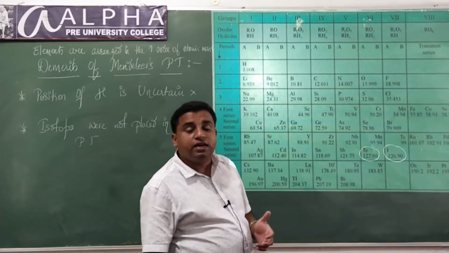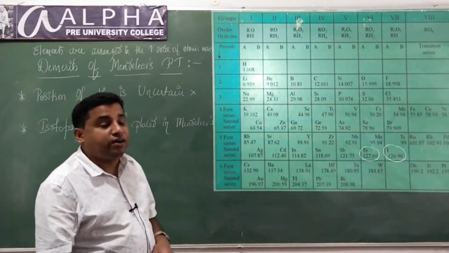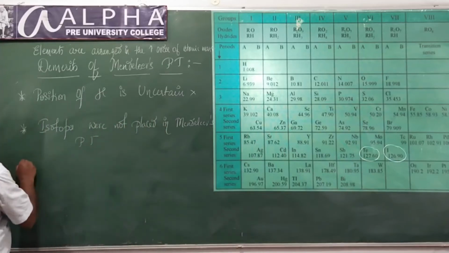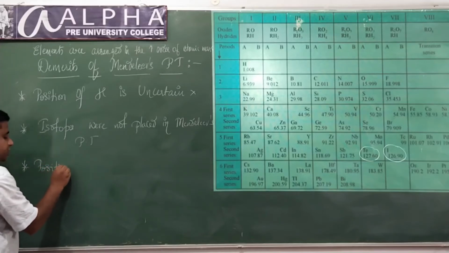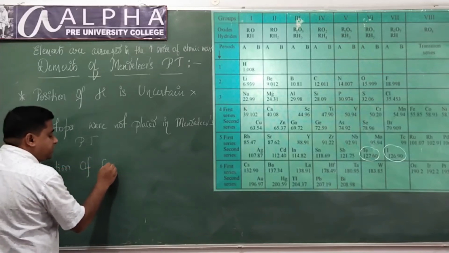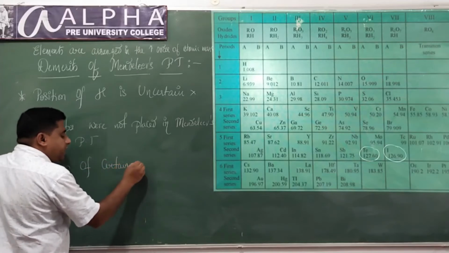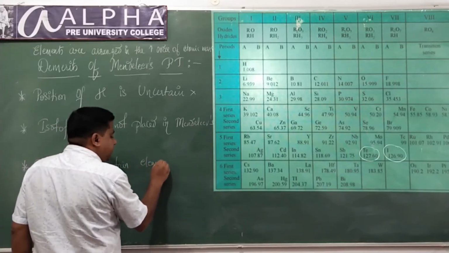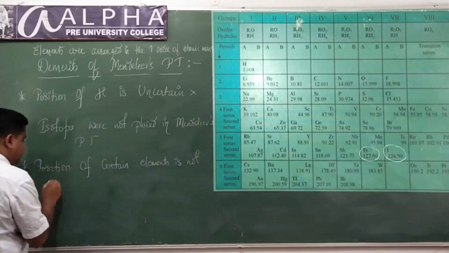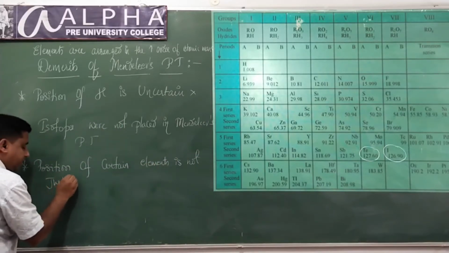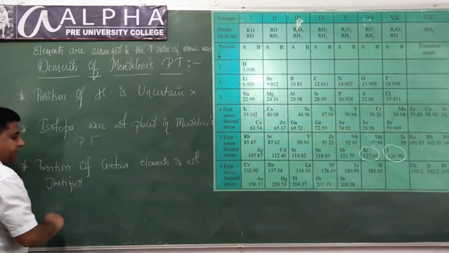The next demerit of Mendeleev's periodic table is that the position of certain elements is not justified.